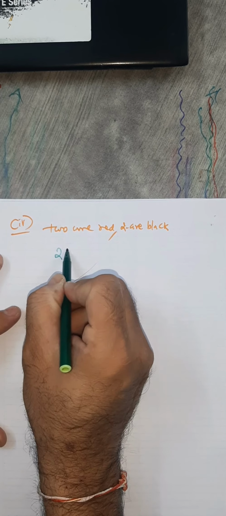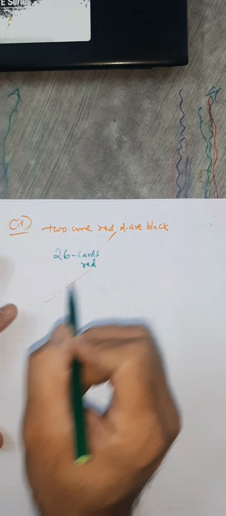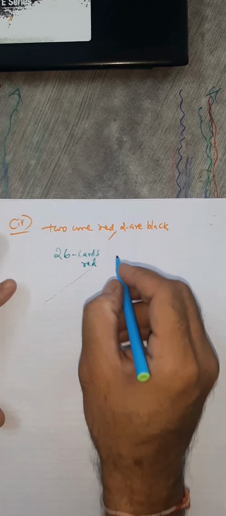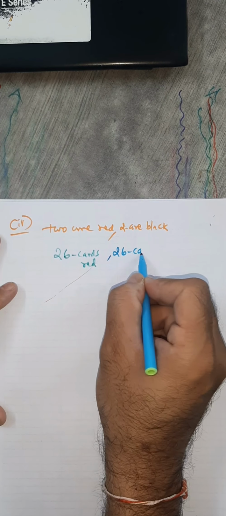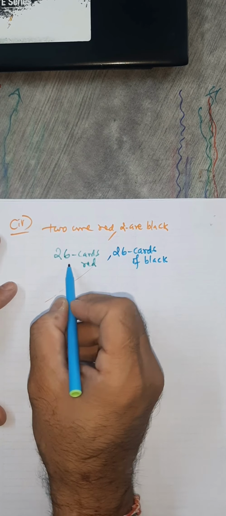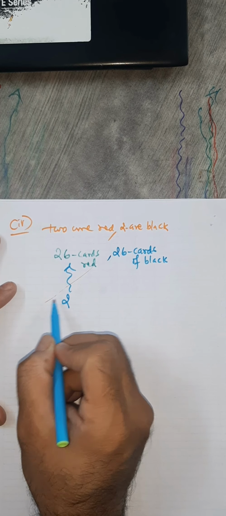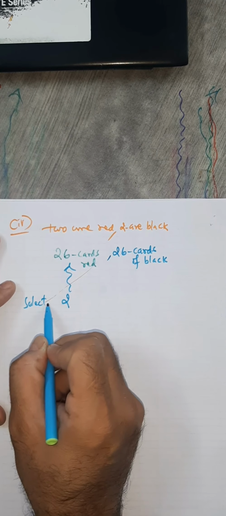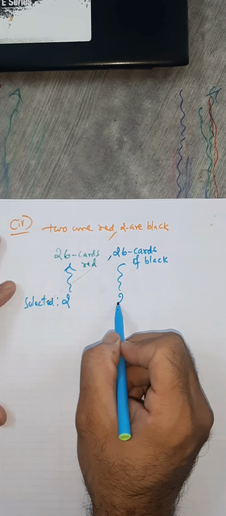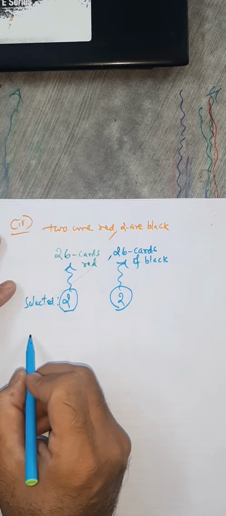So from the 26 red cards, 2 should be selected, and from the 26 black cards, 2 should be selected, remember. 2 from this and 2 from this.